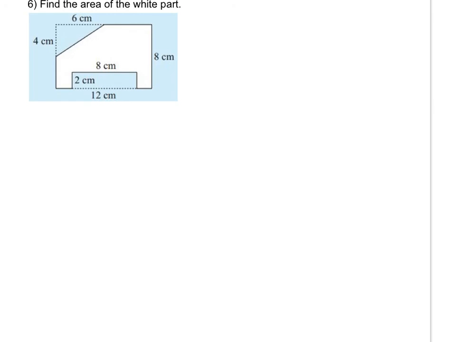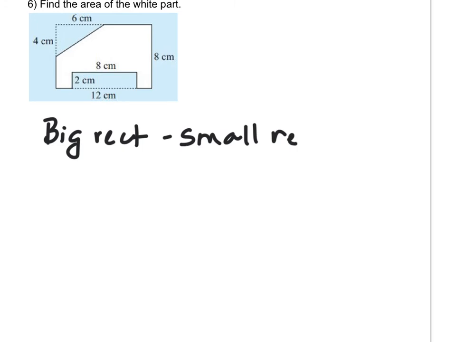So it's going to be big rectangle minus small rectangle minus triangle. Okay, so the big rectangle, let's have a look at that first.